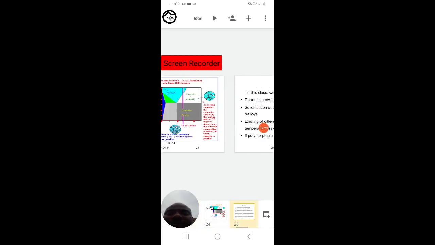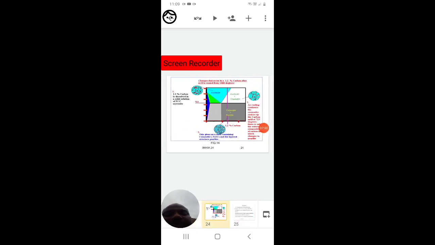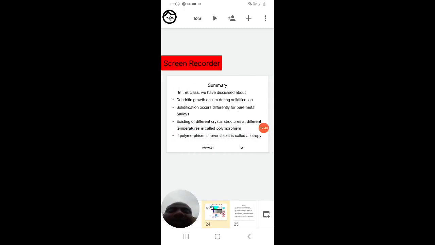All of these are detailed in the iron carbon equilibrium diagram. Today's class, we will study only the different types of irons, that is the polymorphism of iron or allotropic forms of iron. To summarize this class, we discussed dendritic growth during solidification.